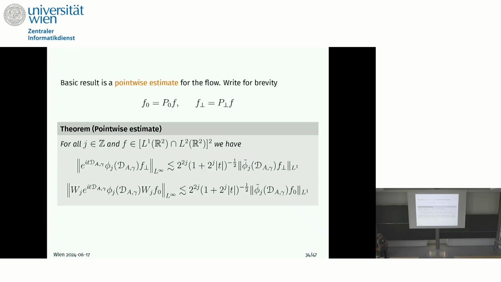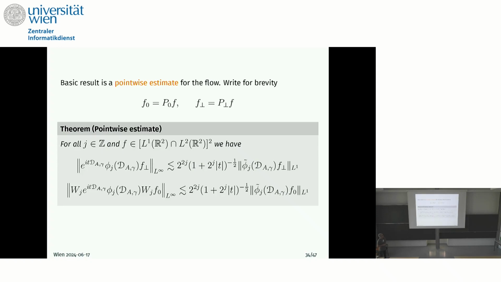Okay, so the first result is a pointwise estimate for the flow. For the non-singular part, we get exactly the standard dispersive estimate. These are the same powers as for the wave equation. It's written in frequencies, decomposing frequencies, but it's a standard Besov type pointwise estimate for the wave equation.